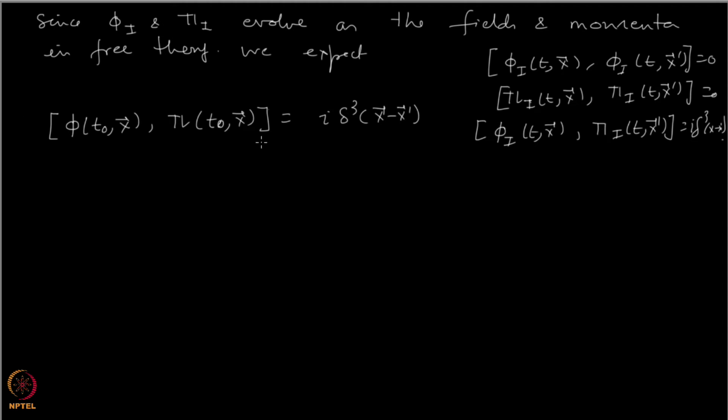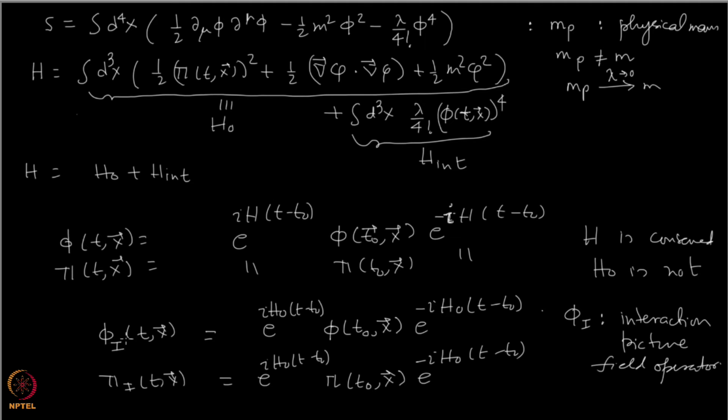Now I will turn it into an expression of this form, and that is easy. All I have to do is bring in these factors. See, phi I has e to the i H naught (t minus t naught) on the left, and e to the minus i H naught (t minus t naught) on the right. The inverse of this factor is just the same thing with the plus sign, so the inverse of this is e to the plus i H naught (t minus t naught).